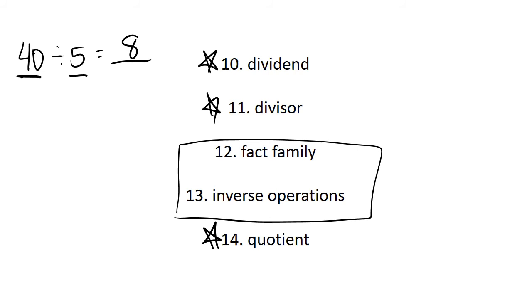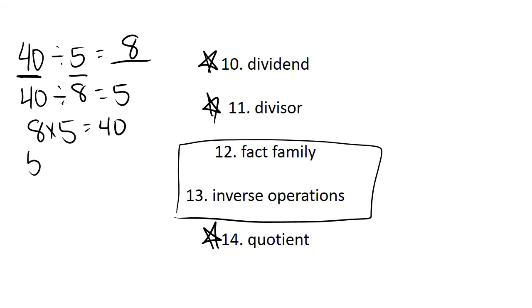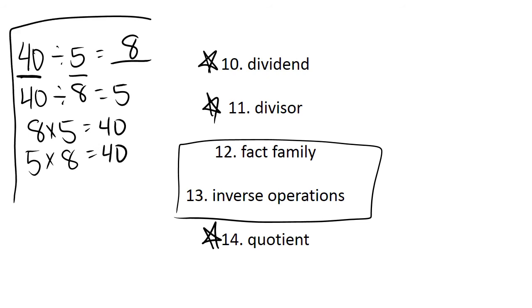So if I wanted to make my fact family for this one, I would switch it around. 40 divided by 8 equals 5. And then I would have 8 times 5 equals 40, or 5 times 8 equals 40. So these 4 math sentences create a fact family because they're all different sentences, but they all use the same 3 numbers.